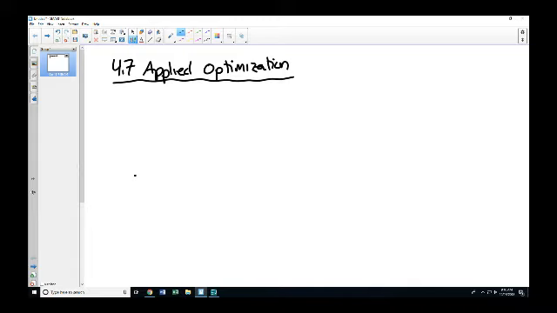Right? So let's say that you have a road that needs built. Okay, so you have a ranch, and there's a highway here, and there's a town.